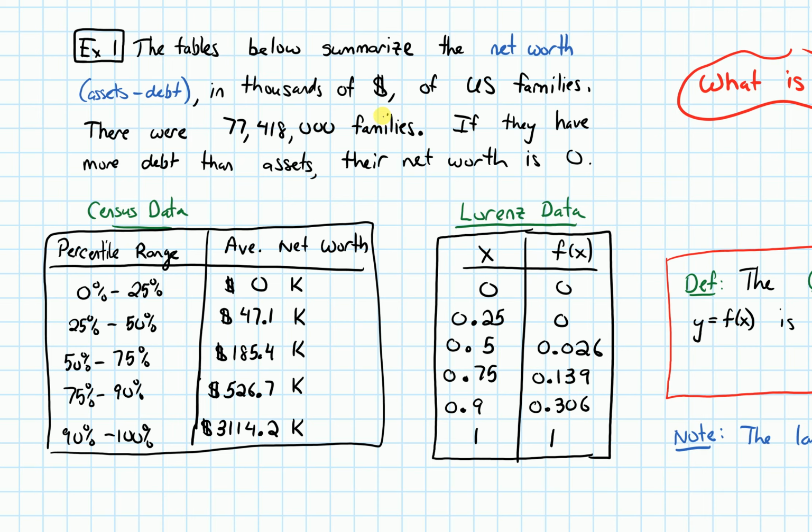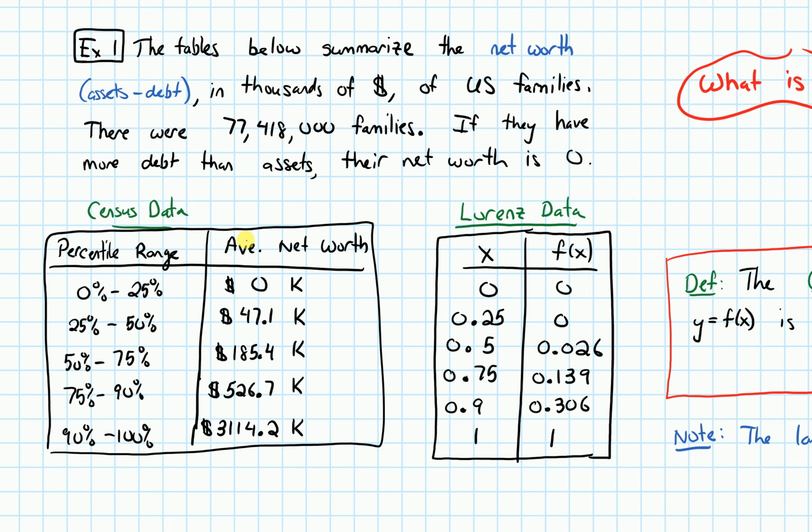There were 77,418,000 families when this was measured. This is data from a census. And the convention that this data table uses is that if families have more debt than assets, their net worth is just going to count as $0. So if I look at this first table, that says census data, the left column keeps track of the percentile range.